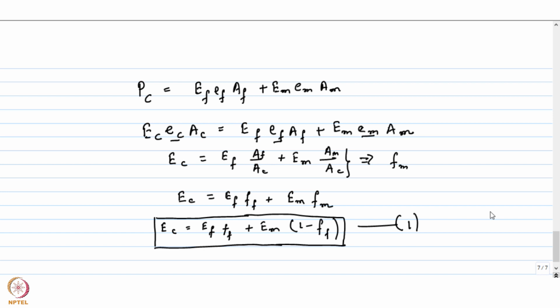Let us again take this fiber reinforced composite and see, as it is loaded in a particular direction, how the material deforms in terms of the deformation behavior of both the constituents. So, we are going to consider these fibers aligned vertically and loaded in the same direction, in the direction of the fibers.